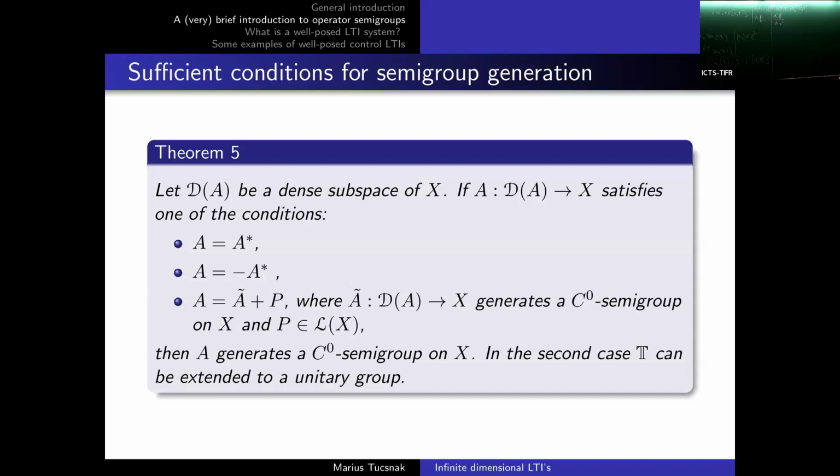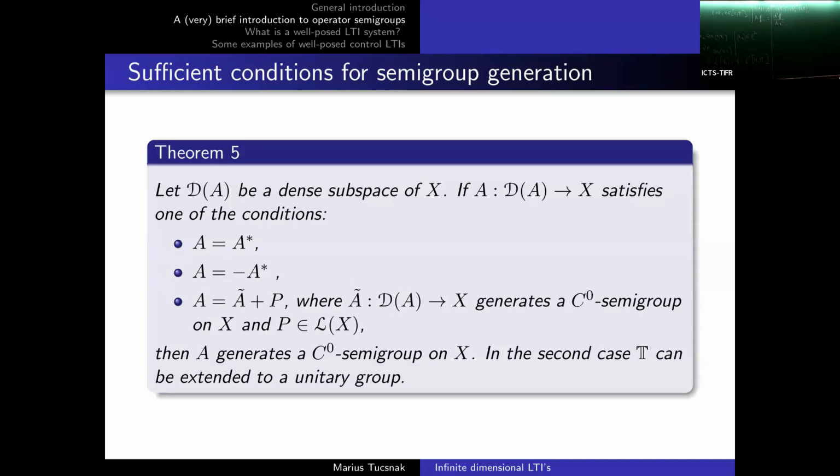The operator A is self-adjoint. This was the case here for the heat equation, in fact, although I did not show this. The operator A is skew-adjoint. I don't repeat what self-adjoint and skew-adjoint mean. I just remind that to define these concepts, I need to suppose from the beginning that the domain is dense.